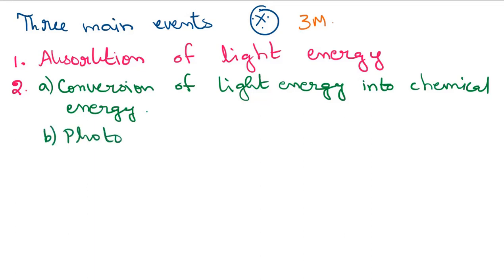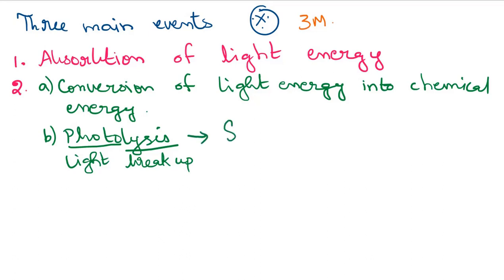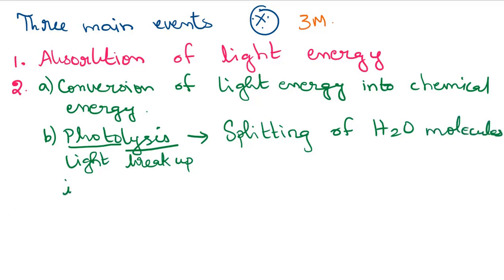The process of photolysis also occurs. Photo refers to light, lysis refers to break up. So, photolysis is the process where splitting up of water molecules into hydrogen and oxygen takes place.